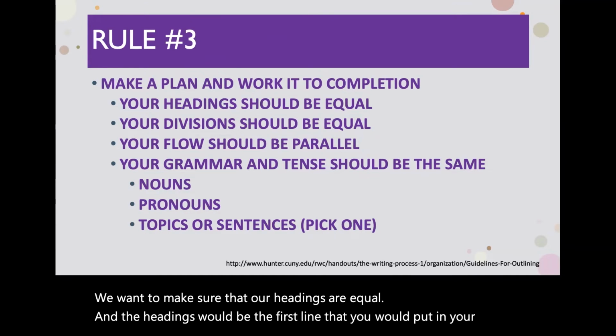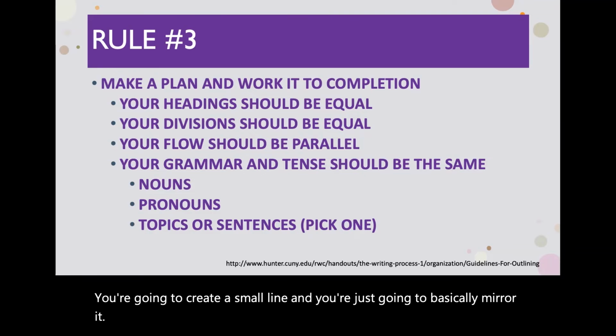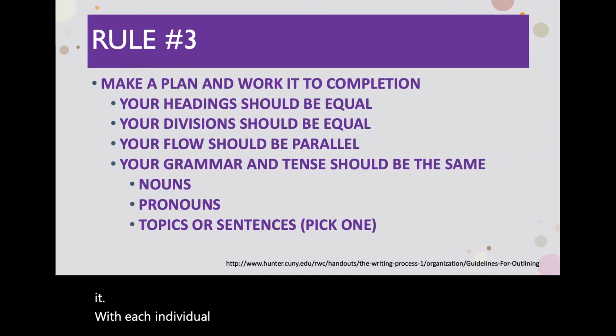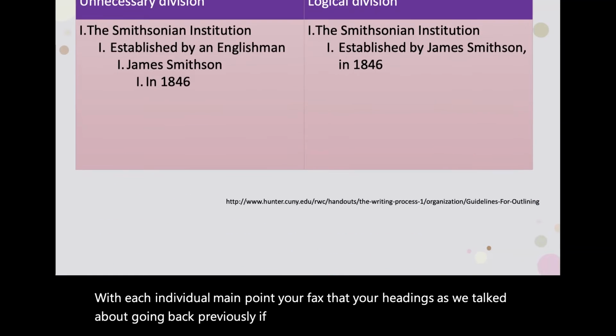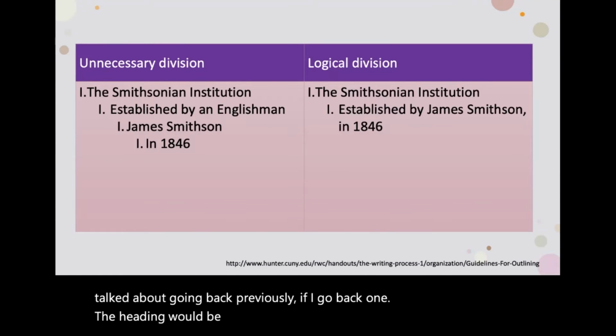You're going to create a small outline and you're just going to basically mirror it with each individual main point, your facts, that's your headings. As we talked about previously, the heading would be the Smithsonian Institution. The divisions would be established by James Smithson.